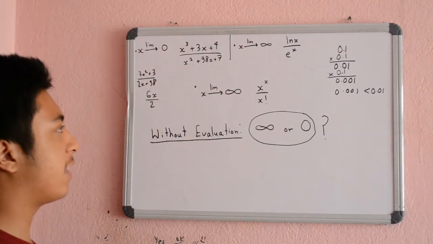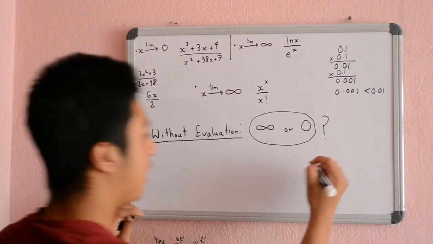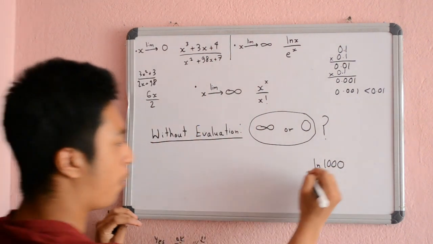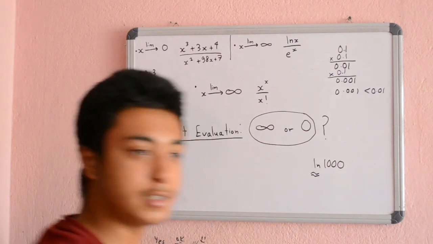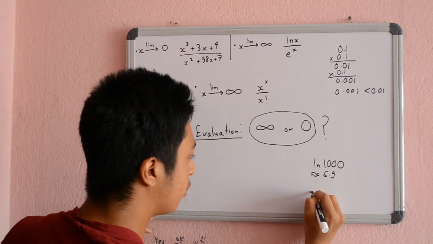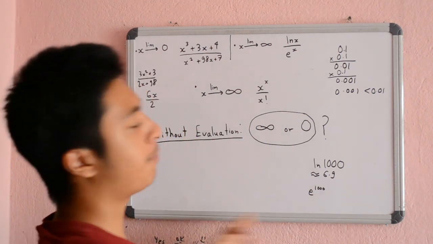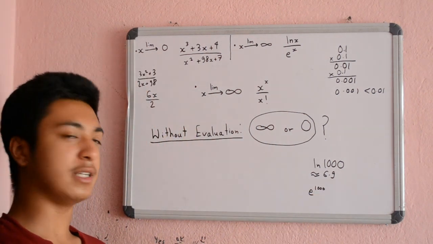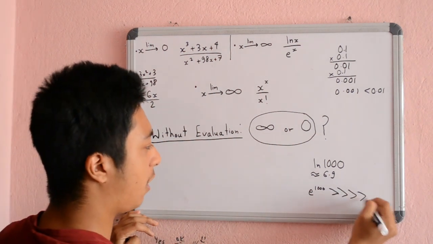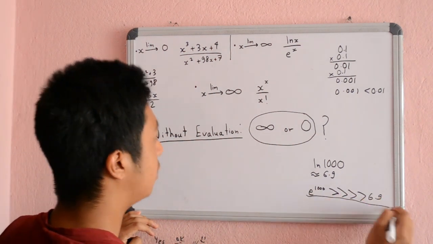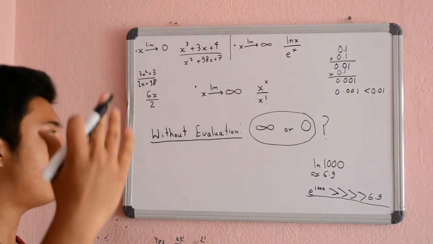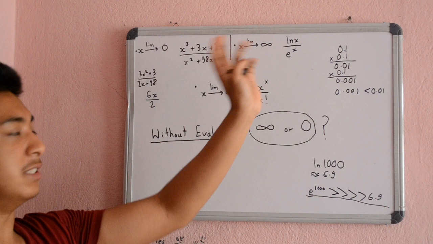So let's take a number, for example. Let's take ln of, let's say, 1000, and this will be approximately, let me check, 6.9. But what if you take e to the power 1000? Well, we don't have to calculate that. By logic, we know that this will be far greater than 6.9. So that means when x tends to infinity or to a much greater number, this limit will obviously be 0.